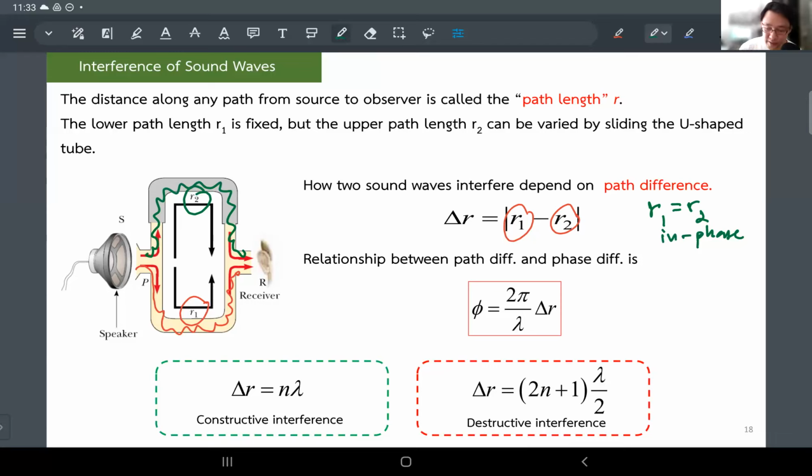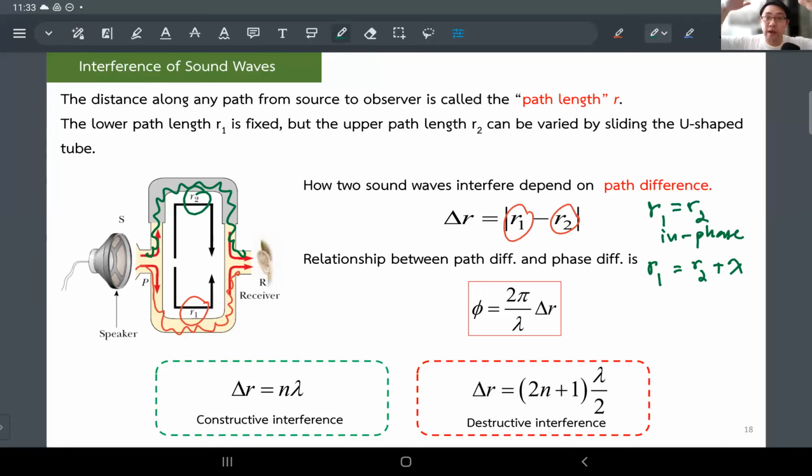Okay, now think about this. What if R1 takes a longer distance, but the extra distance is just exactly one wavelength? Whoa. Okay. What will happen, guys? You're not going to know anything. You got it? One wave is just sliding by one cycle, but at your position, I'm not going to feel anything.